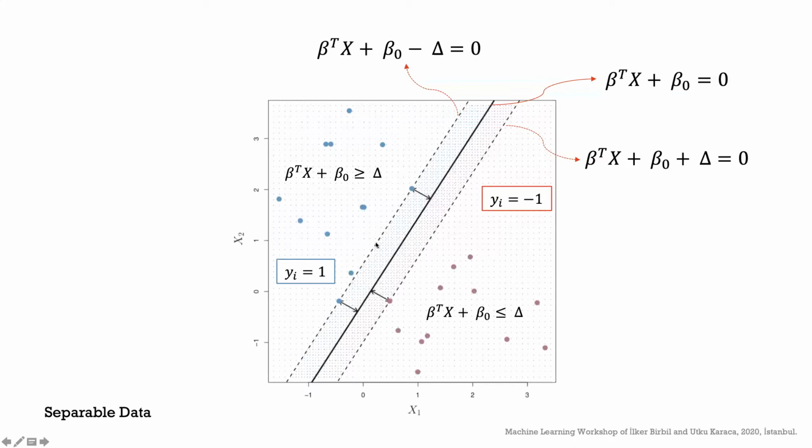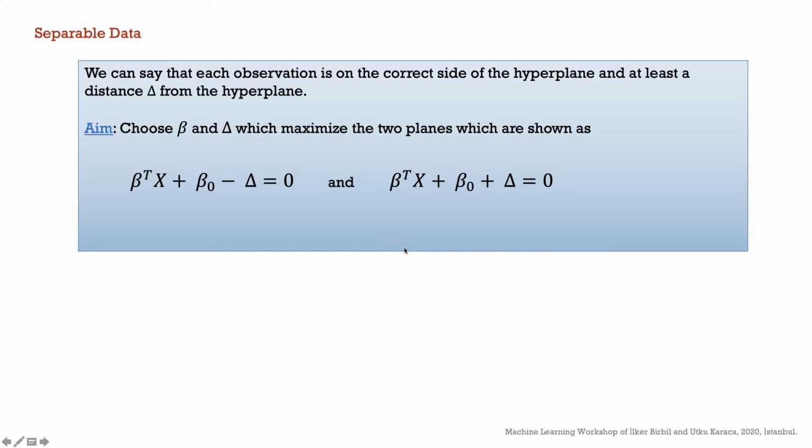Please keep in mind that we have a margin here. We want to have that as big as possible, okay? For the support vectors, I will have that margin, and I want to have it as big as possible. I will just maximize that.